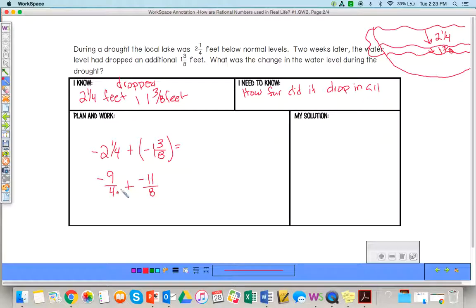So we have to multiply this by 2, and we have to multiply this by 2. So we end up with negative 18 over 4 plus negative, not over 4, that should be over 8, plus negative 11 over 8. So now that we have a common denominator, we can just add our numerators together. So we get negative 29.